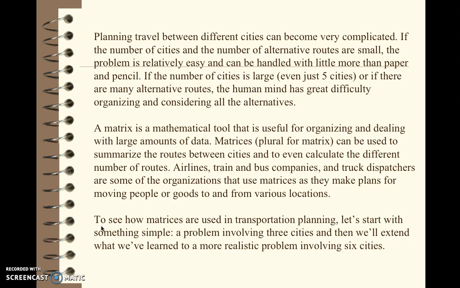So the way matrices are used is as a tool for helping organise and deal with data. Now, when you're talking about travel between different cities or different towns with a range of destinations, it can become quite complicated.